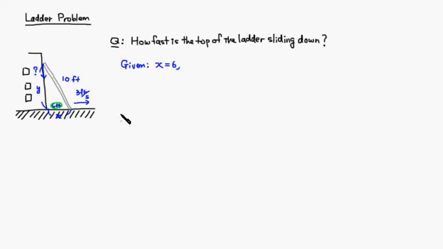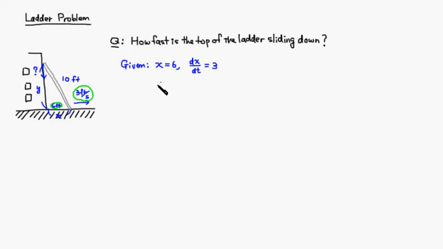And how about 3 feet per second? That's the rate of change of the distance between the bottom of the ladder and the building, so that's dx over dt, the rate of change of x with respect to time. So dx over dt is 3.